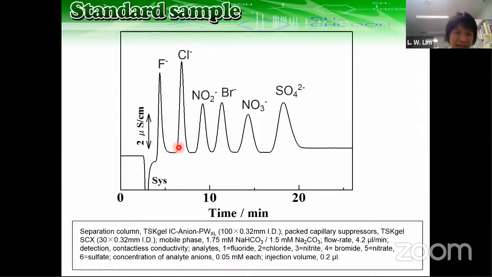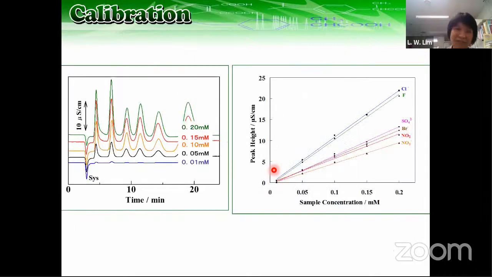Usually after the separation in ion chromatography, if you want to do the real analysis, we have to use calibration like this. We increase the sample concentration with 0.01, 0.05, then 1, 5. You need at least 5 points to have different calibration curves.